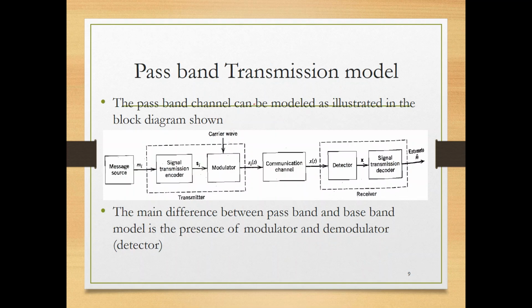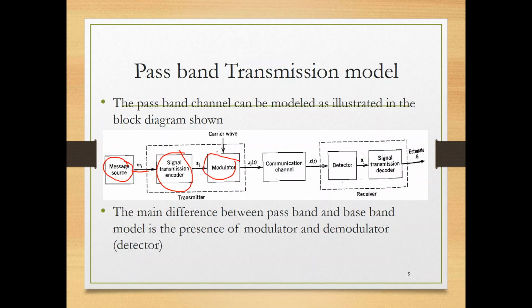Passband transmission model. Usually in a communication system, we try to understand them by using models. The simplest model of a wireless communication system has a message source, which passes to a signal transmission encoder to protect your data from the channel errors, and then you have the modulator.